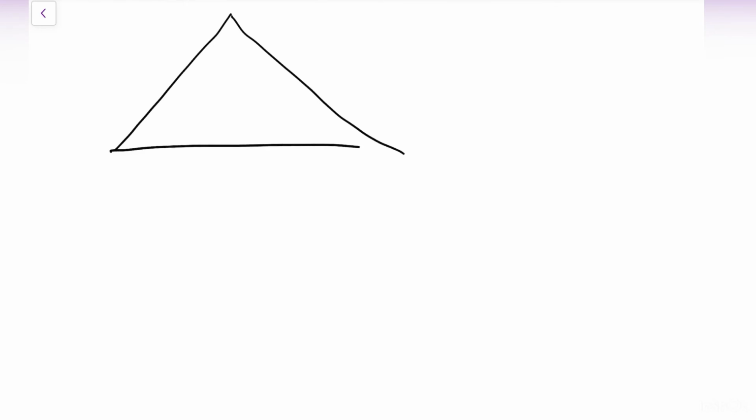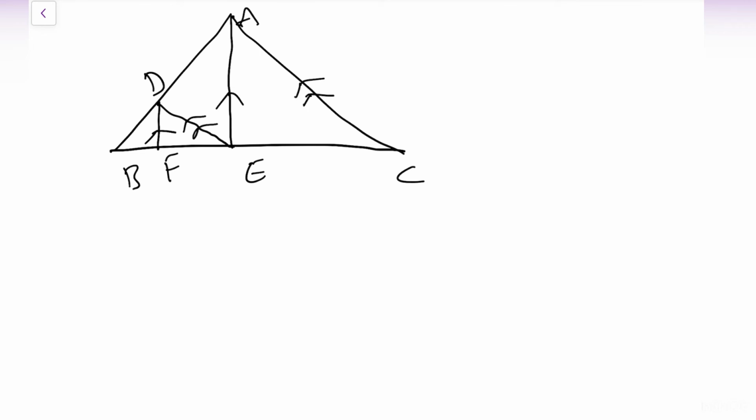Next type of question. He gave a triangle ABC and in that some lines are there.